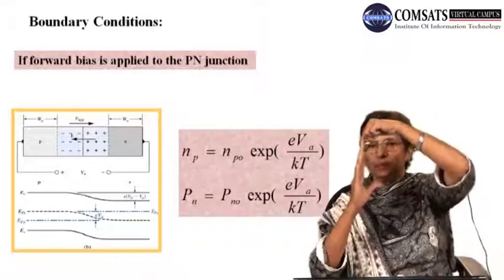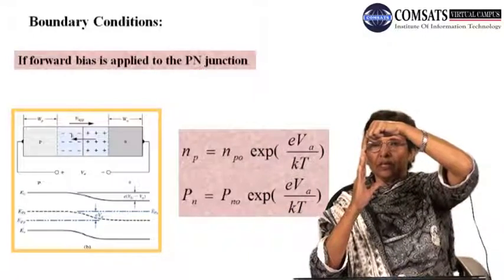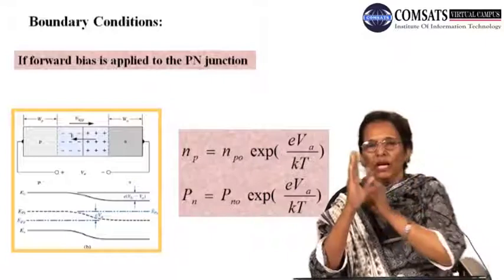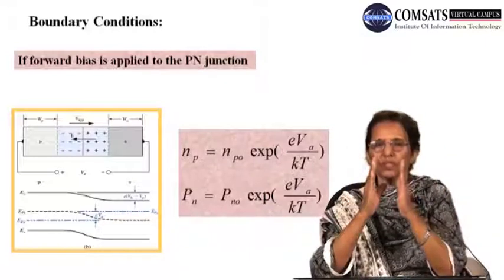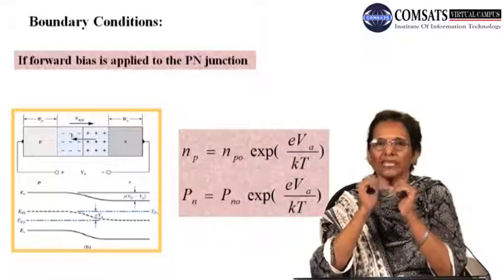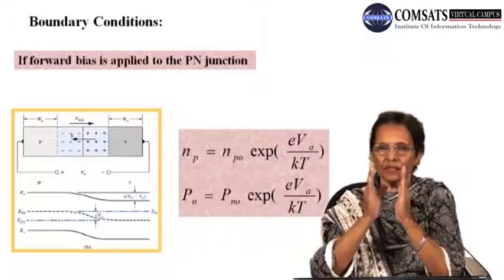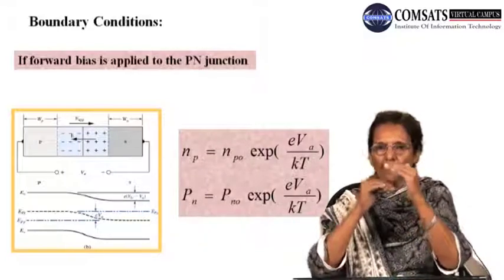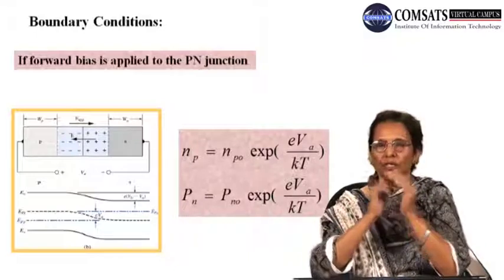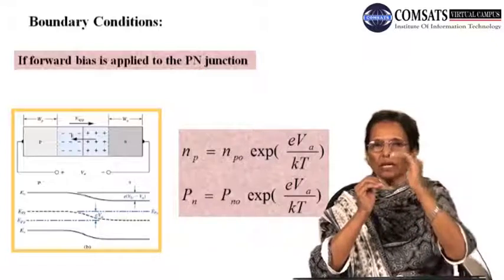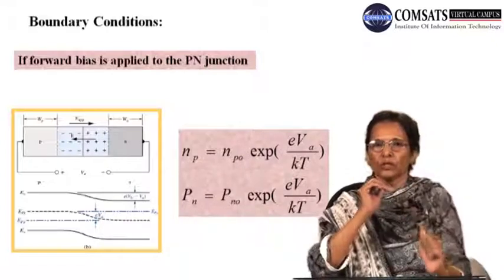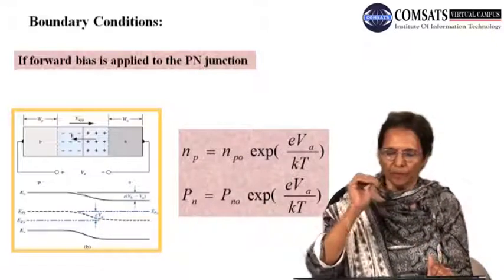On the P side of the depletion region, under forward bias condition, because the depletion region now reduces, the electric field strength reduces, and the band bending also reduces. So because of the reduced band bending, now more electrons are able to diffuse to the P side.